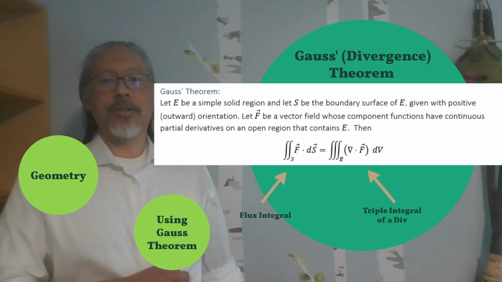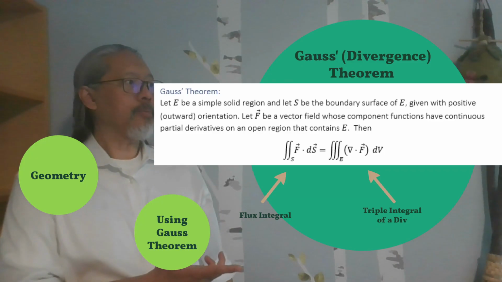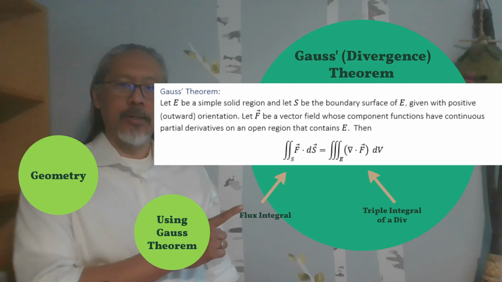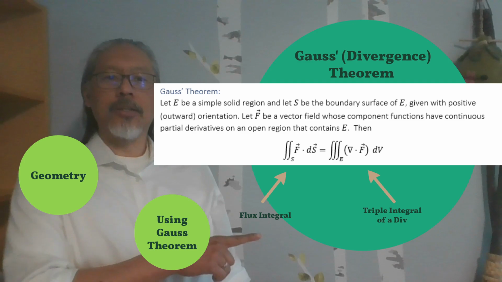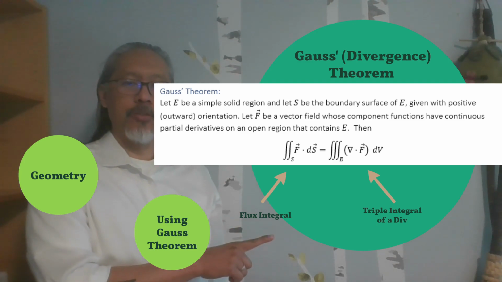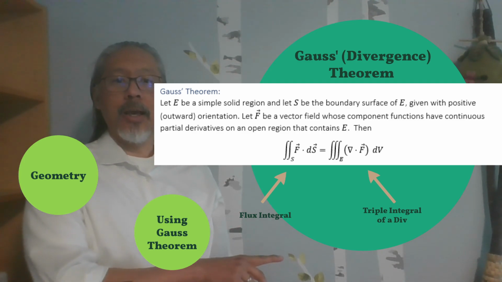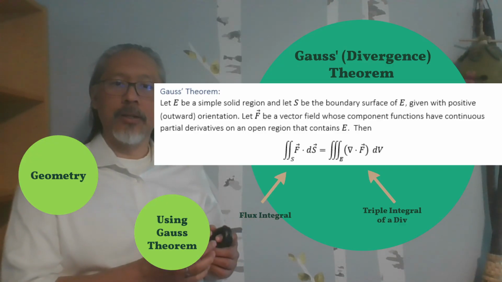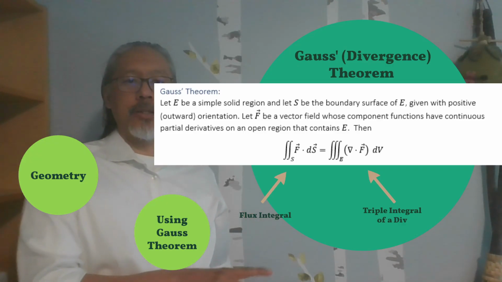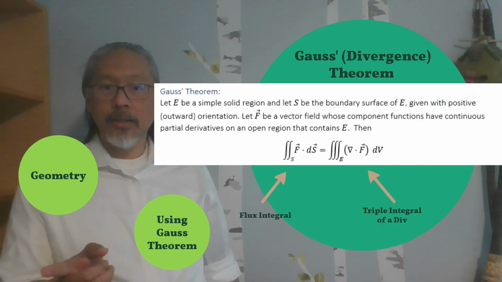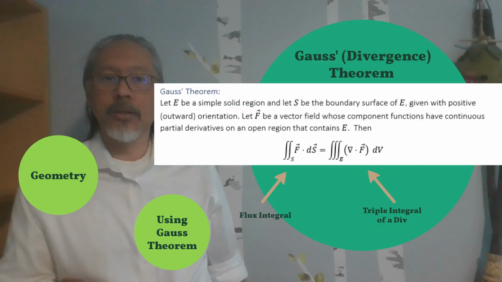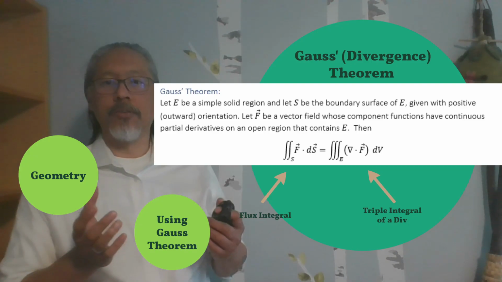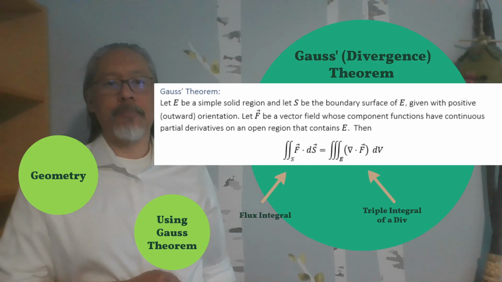But the words that we would normally use to try to relate this to the fundamental theorem of calculus would be taking the integral of a derivative of a vector field, and that's over a particular solid region E, and that's going to get replaced with one less integral of the original function over S, which is the boundary of the solid that we're looking at.